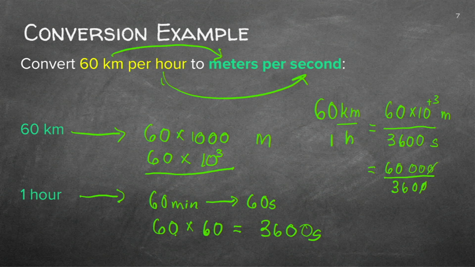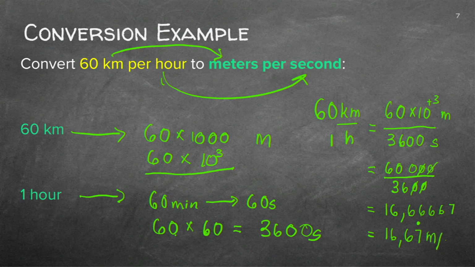If I do this, I've got 600 divided by 36. You already did that with your calculator, and you should have got the answer of 16.6666, and we can go forever. And if the question says, take your calculations to the second, round it down to the second decimal, it will be 16.67, and it's going to repeat. And what will the unit be?